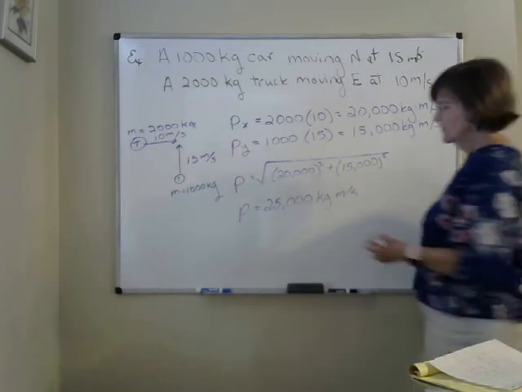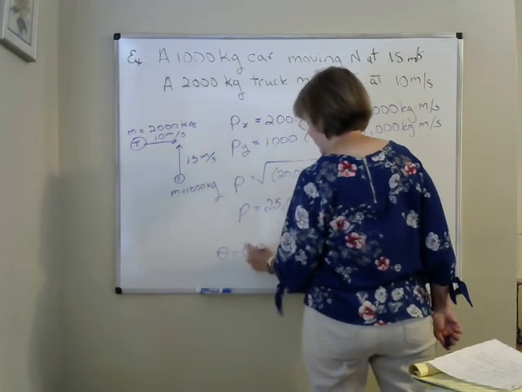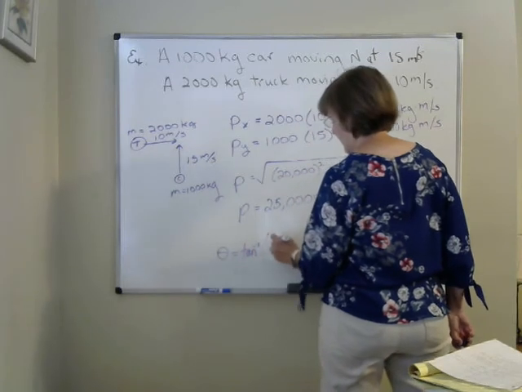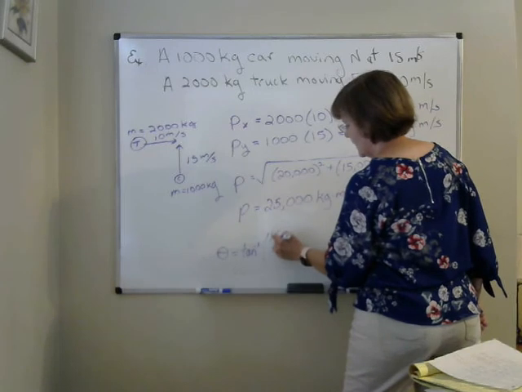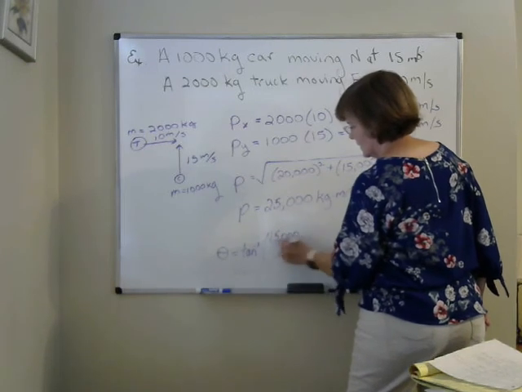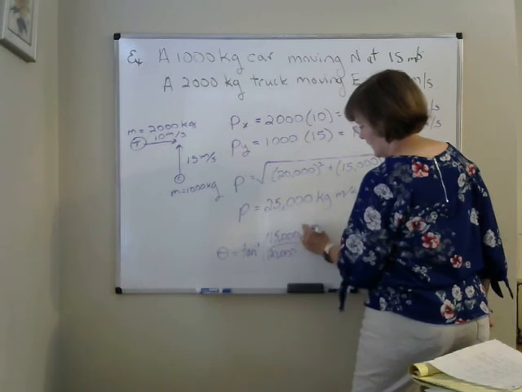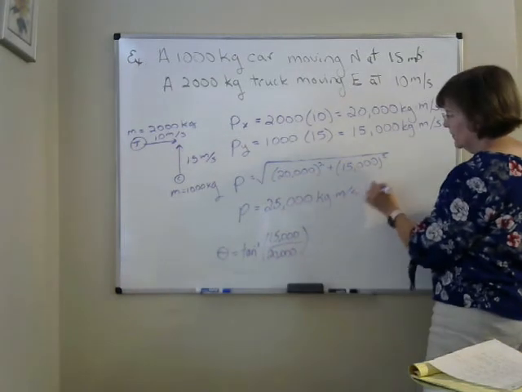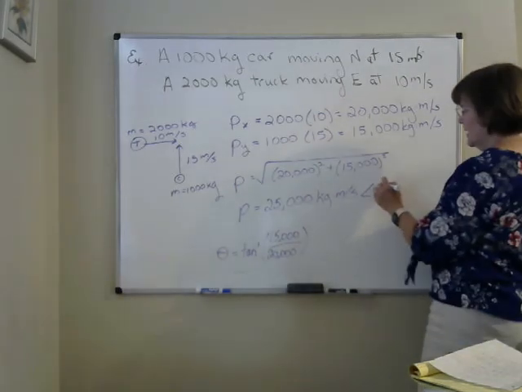The angle is the tangent inverse of y over x. The y was the smaller number, so 15,000 over 20,000. And we get an angle here of 36.9 degrees.